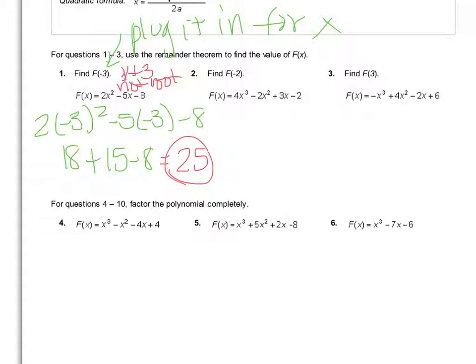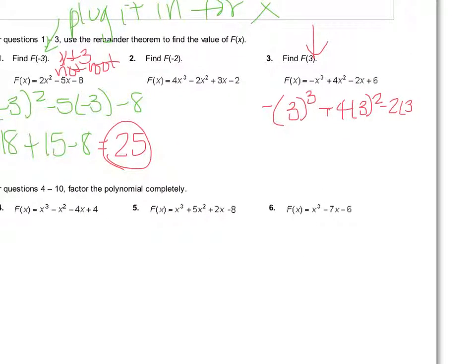So for 3, I'm supposed to find f of 3. So again, I'm plugging this in for x. So I have negative parentheses 3 cubed plus 4 times 3 squared minus 2 times 3 plus 6. Well, 3 cubed is 27. I'm supposed to make it negative. 3 squared is 9 times 4 is 36.